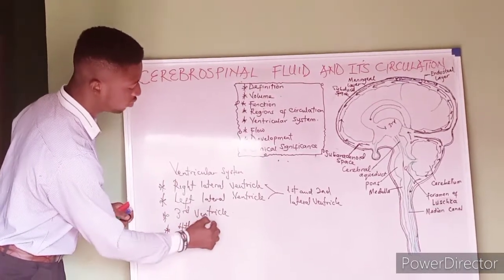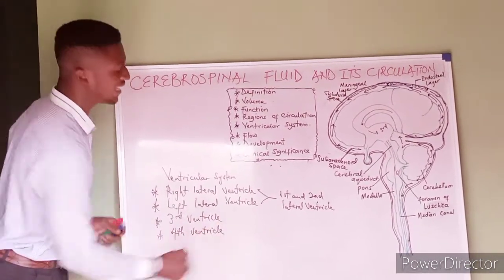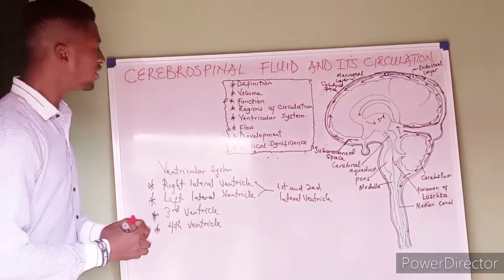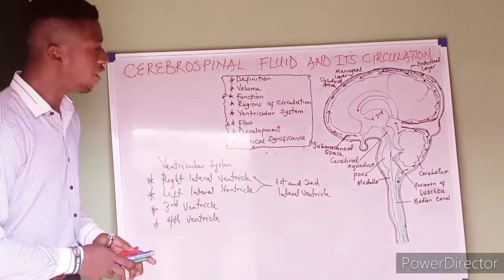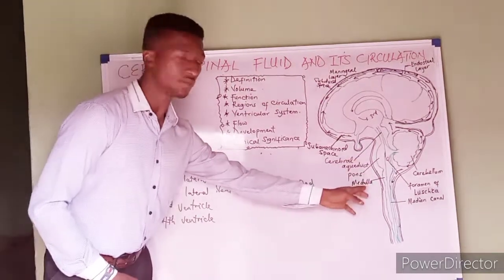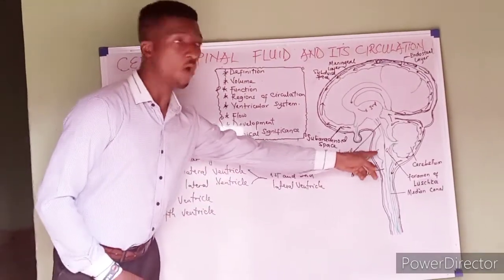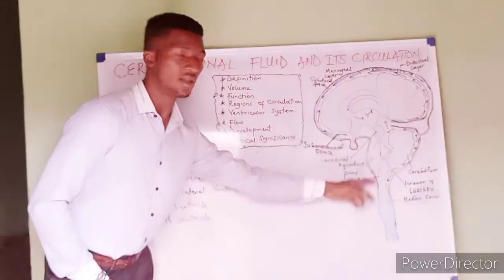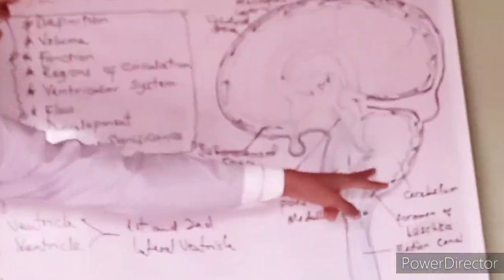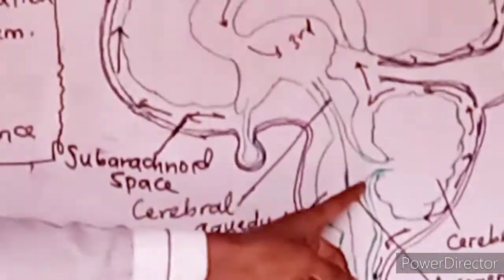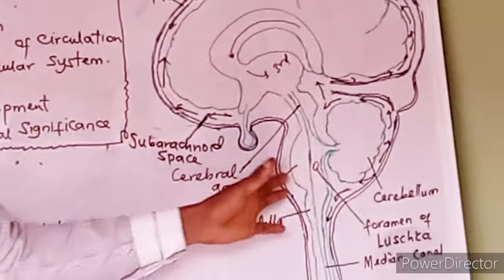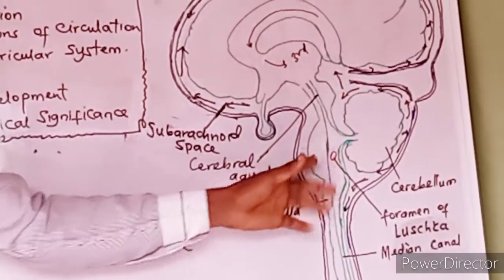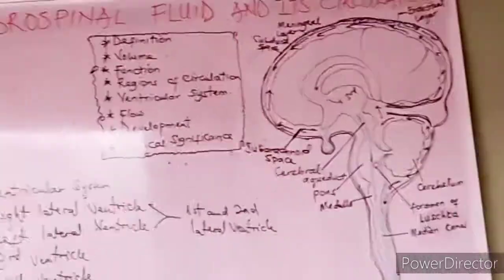The fourth ventricle is found in the region bounded anteriorly by the pons and the medulla and posteriorly by the cerebellum. So the space in between this separation is called the fourth ventricle.